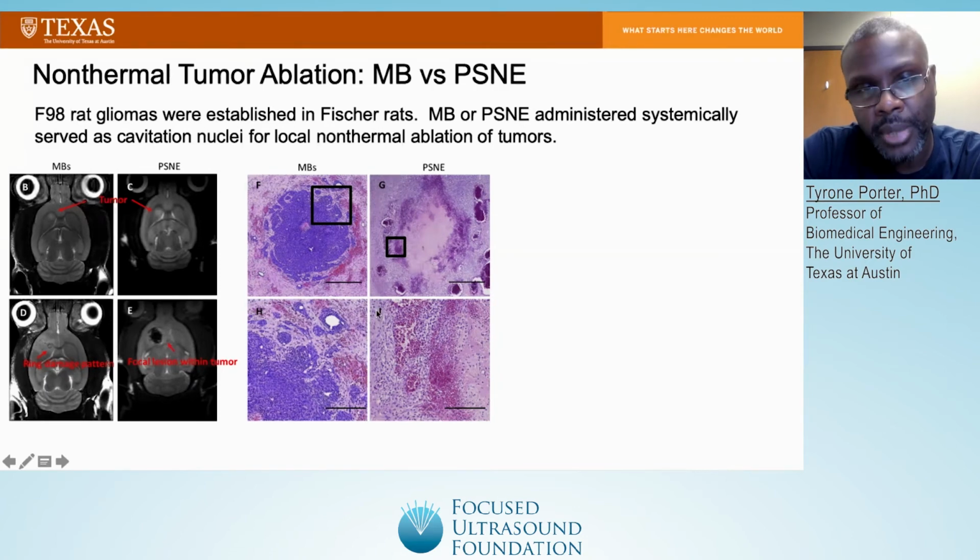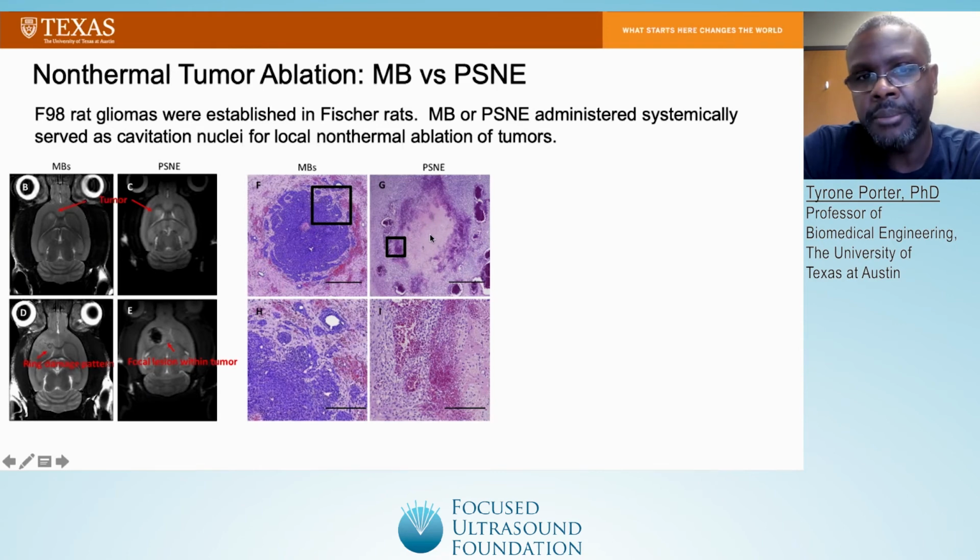In this right panel here, we're looking at histological slides. And so for the microbubbles, we do see some damage on the periphery. It's largely limited to the periphery for these tumors. The dark gray, or purple, is the cancer cells. And if you look to the right column, you see the absence, basically, of tumor cells, which suggests that we were able to actually emulsify the tumors.